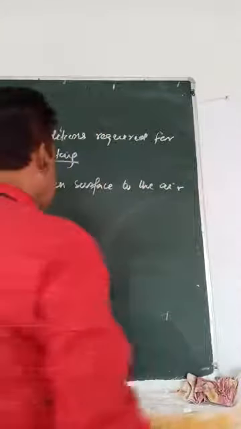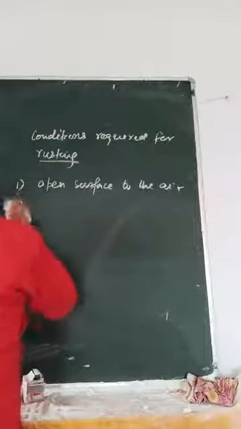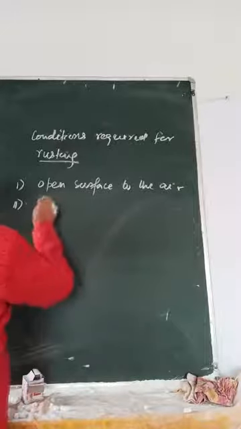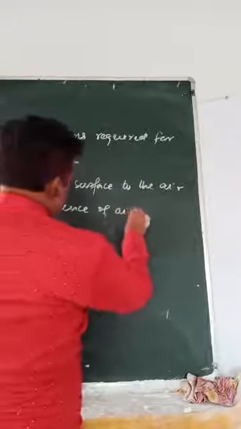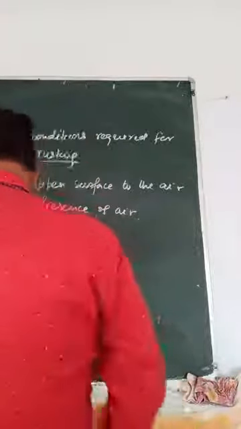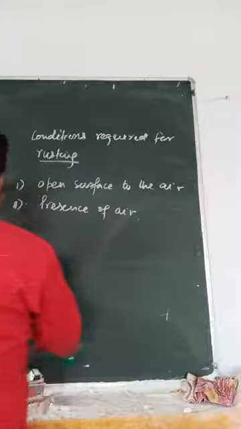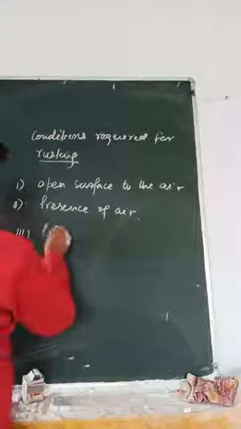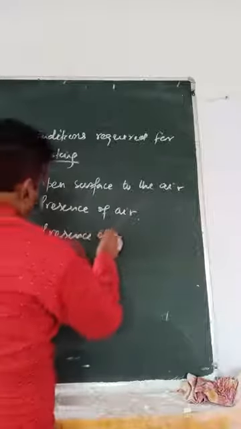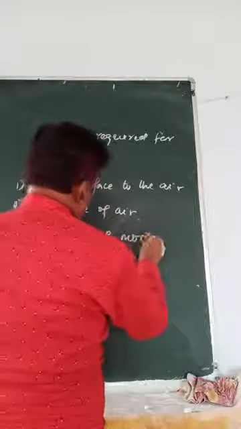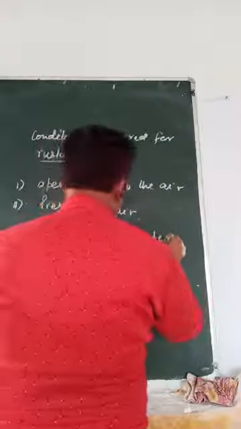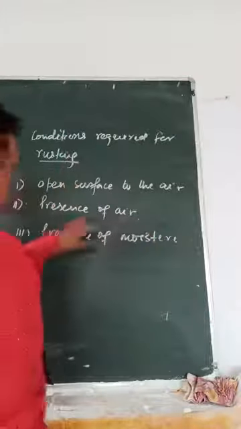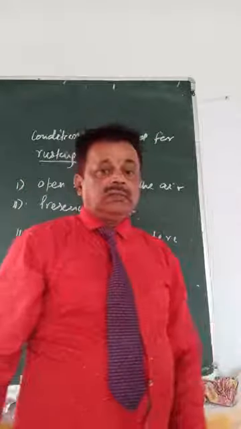Second, presence of air, meaning oxygen, because this is an oxidation process. Third, presence of moisture. These three conditions are required for rusting.